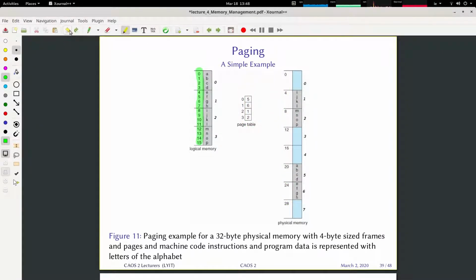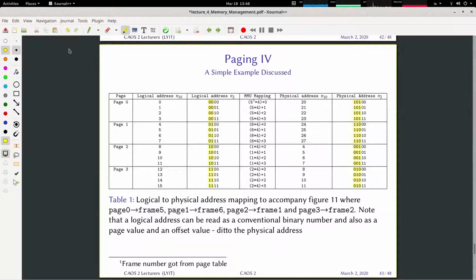Where we have, for example, logical address 0, we write that out as a 4-digit binary number, so 0 becomes 0000. And logical address 1, in its binary representation, is 0001, and so on for all of the logical addresses.